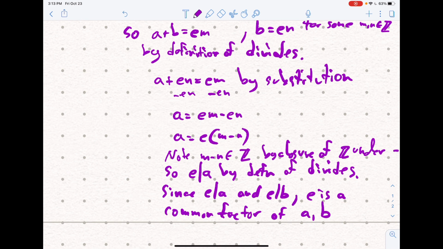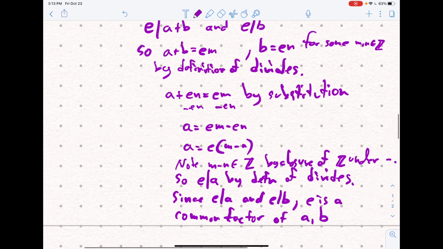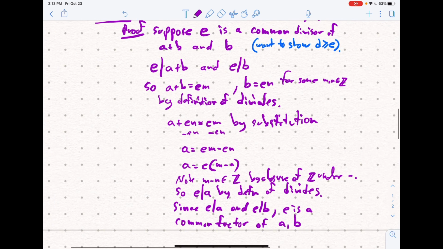What we're doing now is we're taking this E, which is a common divisor of a plus b and b, and we've now related it back to just a and b. And the reason that this is helpful to us is that E is a common factor of a and b, and we're trying to show that D is bigger than E. Well, D is the greatest common factor, so in particular, it's bigger than any other common factor.